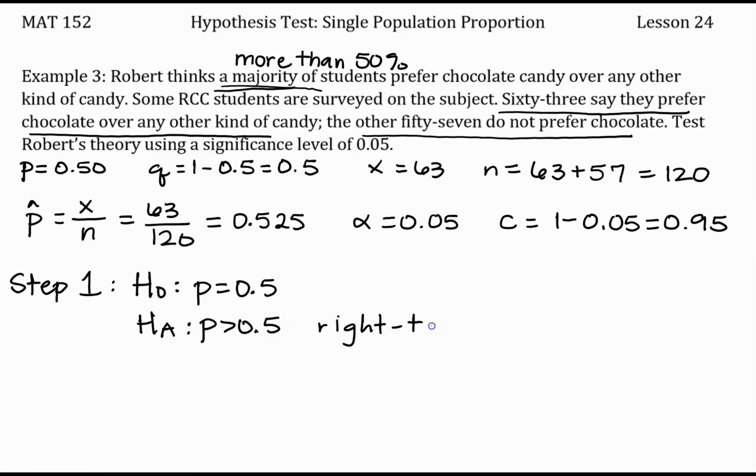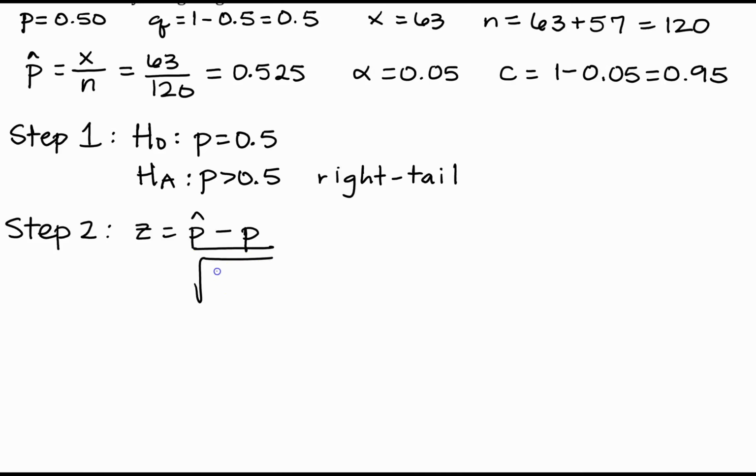Step 2, we will go ahead and calculate our test statistic using the formula that Z is equal to P hat minus P, all divided by the square root of P times Q divided by N. Our P hat is 0.525, and from that we are subtracting our P of 0.5.